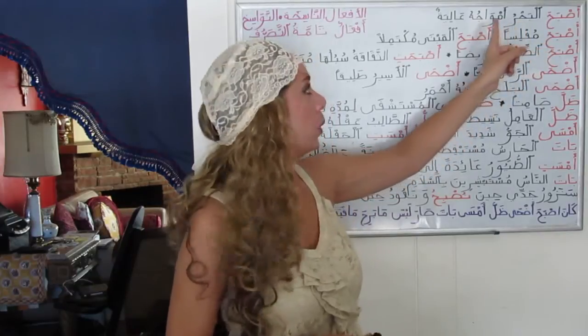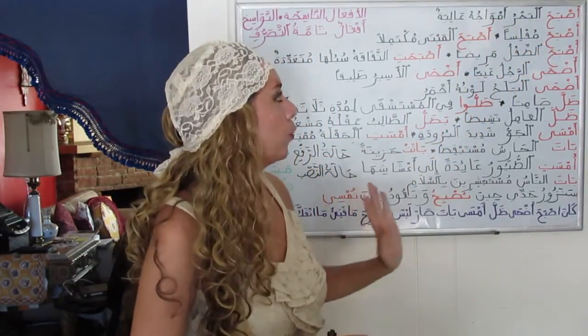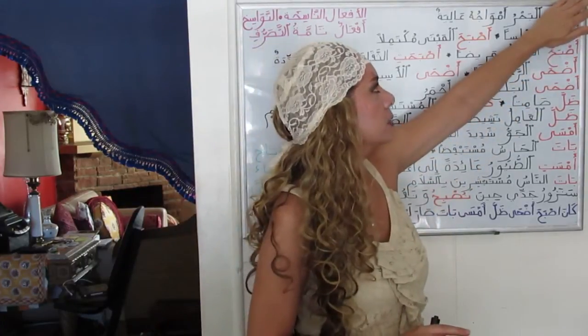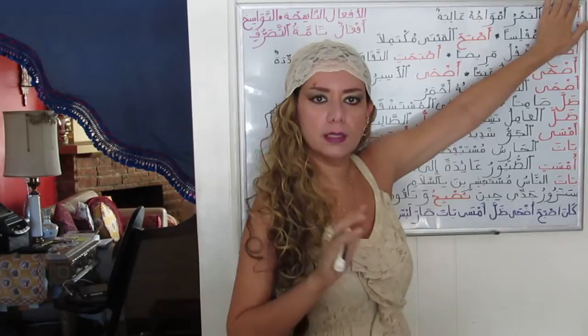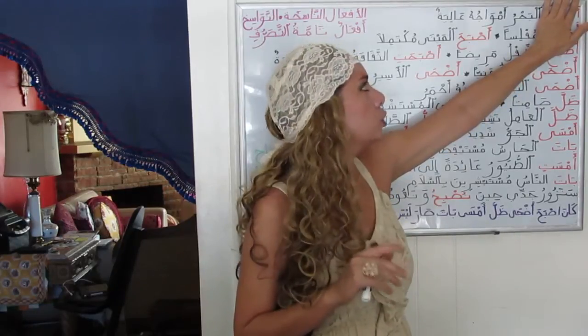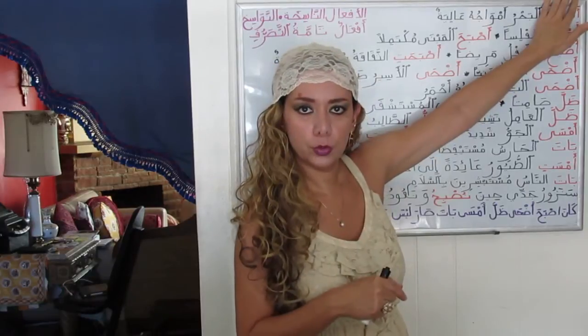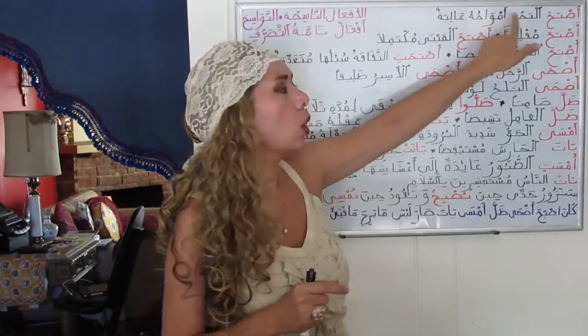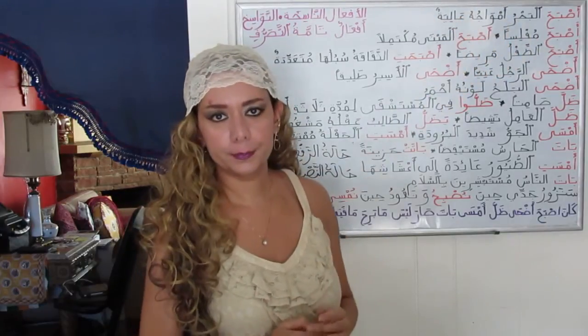أصبح البحر أمواجه عالية. So before the introduction of أصبح, this nominal sentence was البحر أمواجه عالية. The waves of the sea are high.